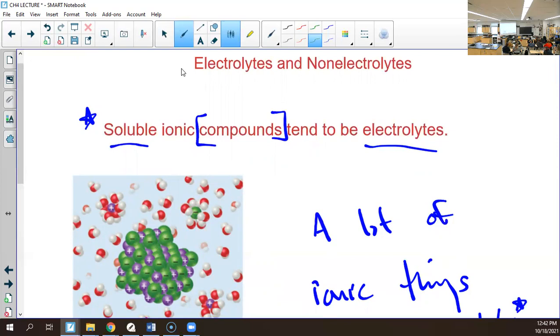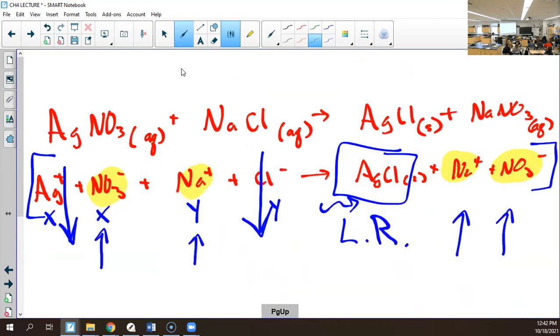Okay, now notice once again, most, almost all ionic things are soluble, which means they are electrolytes, but definitely not all of them. So let's go back here in a second. We talked about this before, right? This substance, silver nitrate, very soluble.